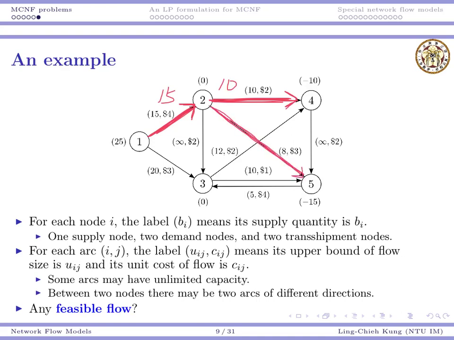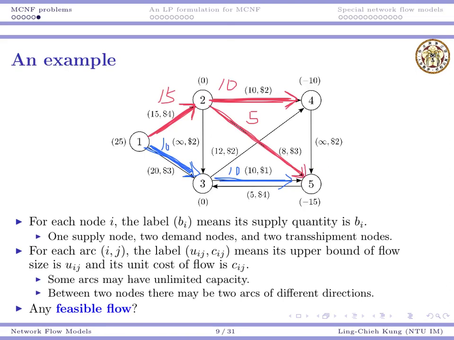Let's send it through this arc, and then on this arc, I can send these 5 units. So for node 5, I still need 10 units to be satisfied. So certainly one thing I may do is to send through these 2 arcs, right? For 10 units.